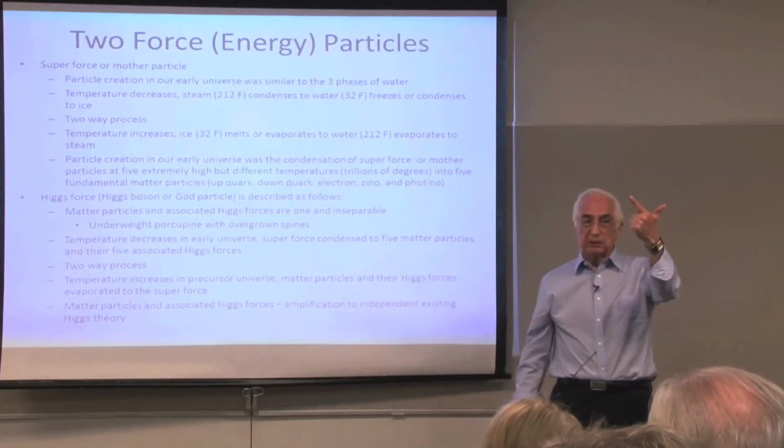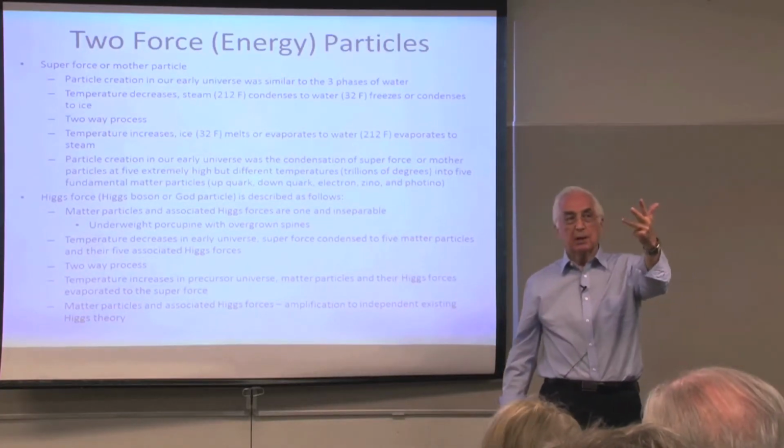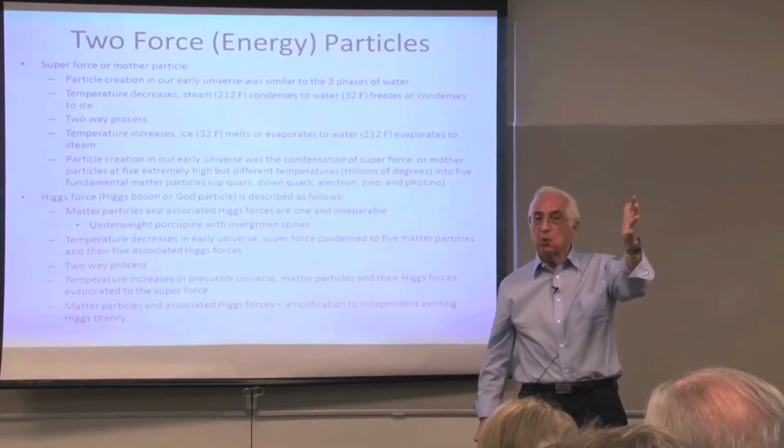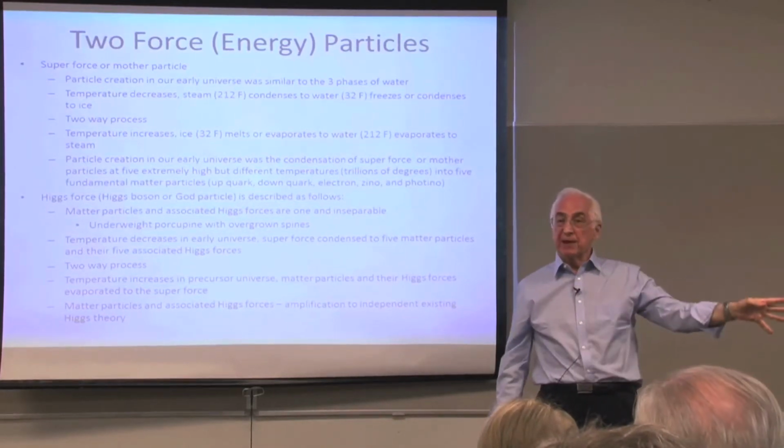The superforce, the up quark, the down quark, the electron, the xeno and photino are all the same thing, but they manifest themselves differently at different temperatures. Just like H2O manifests itself as steam, water, and ice. The same thing, but they look different at different temperatures.